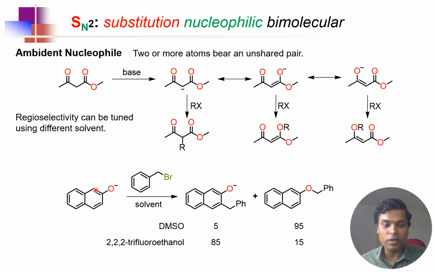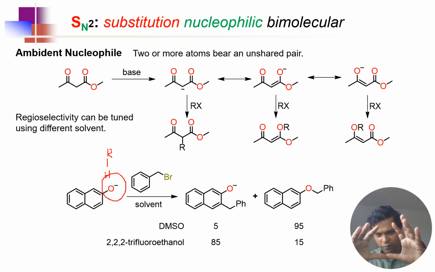If I try to draw it, all these R groups, this kind of molecule, will be surrounding the O minus in a polar protic solvent.